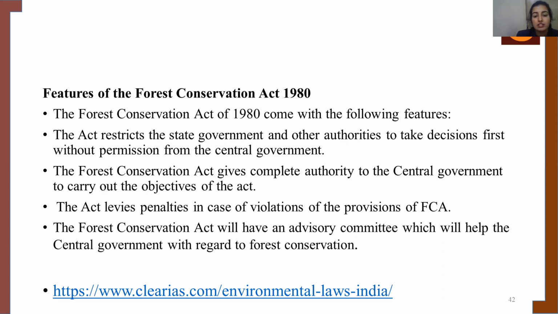The act levies penalties in case of violation of the provisions of the FCA. It will also have an advisory committee which will help the central government with regard to forest conservation. So these are the main features of this act.